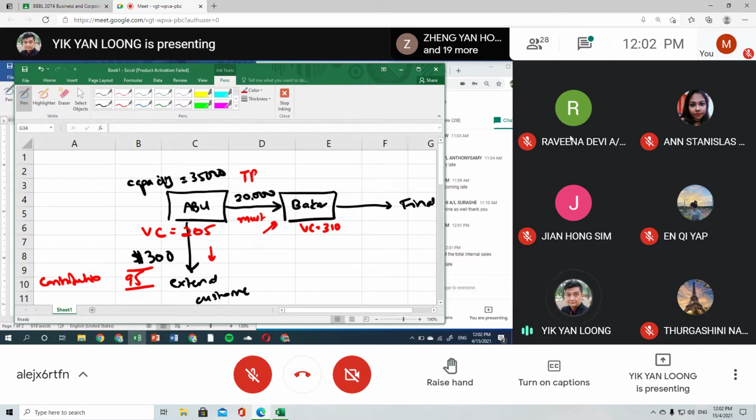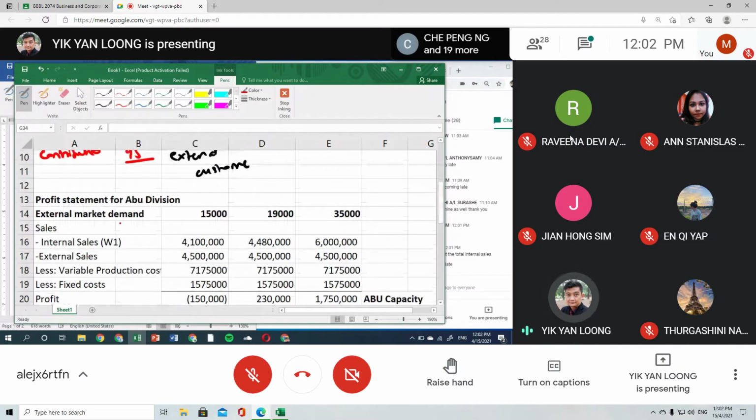He said that transfer pricing here must include opportunity cost. So the big question here is, out of a total of 20,000 that Abu transferred to Baka, how many will be subjected to opportunity cost? How many will not be? So there are three scenarios whereby the external market demand could be 15,000, 19,000, or 35,000.